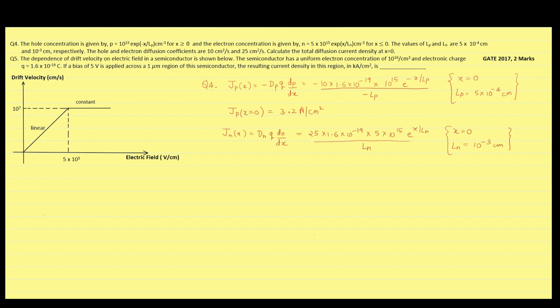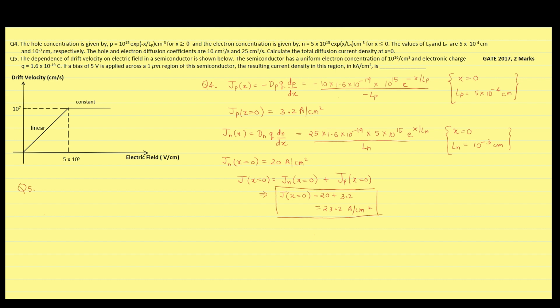After putting the values and calculating, we will get the diffusion current density due to electrons at x is equal to 0 to be equal to 20 ampere per centimeter square. So, the total current density at x is equal to 0 will be the sum of diffusion current density due to free electron plus diffusion current density due to holes. Therefore, the total current density will be equal to 23.2 ampere per centimeter square.